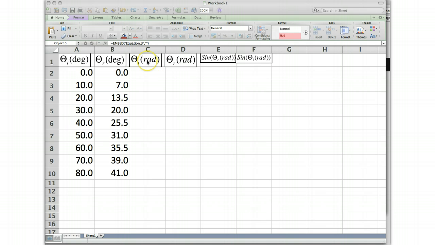So you'll have columns where you're going to calculate the angles in radians for both the incident and the refracted. And then the last thing we're going to do is take the sine of that angle, and that's why we have to put it into radians, because Excel will only take the sine of radian measurements rather than degrees.